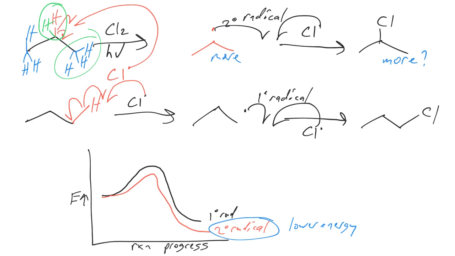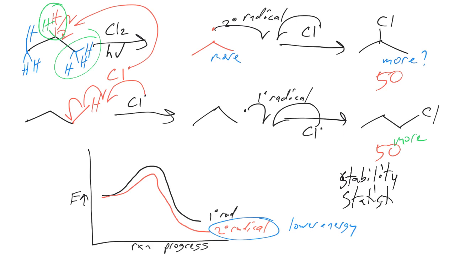From statistics, you might guess that primary would be more. And in the end, what it turns out is that you get pretty close to a 50-50 mixture of the two. So what you're balancing here is stability with statistics. Just what the likelihood is that any specific hydrogen will be removed by halogenation using radicals.